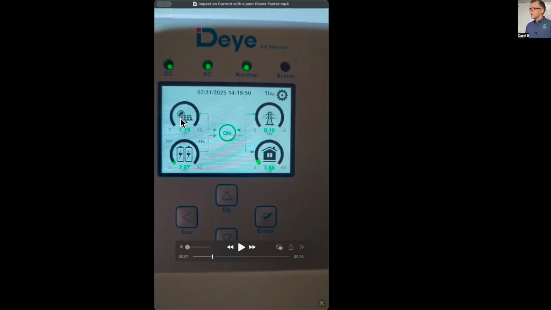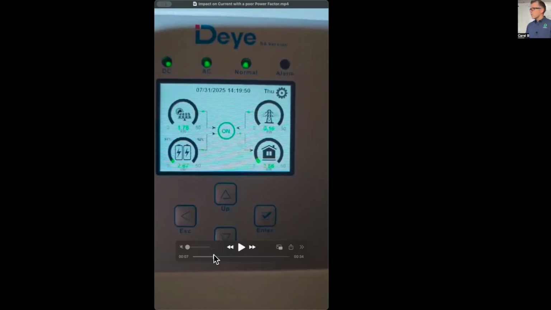It's a bit blurry, but let's assume it's 1.7 kilowatts from solar and 2.6 kilowatts from the battery. We can see those little arrows over there. So the PV is supplying, the batteries are supplying, Eskom is supplying, and the load is demanding 3.85 or 3.86 kilowatts.